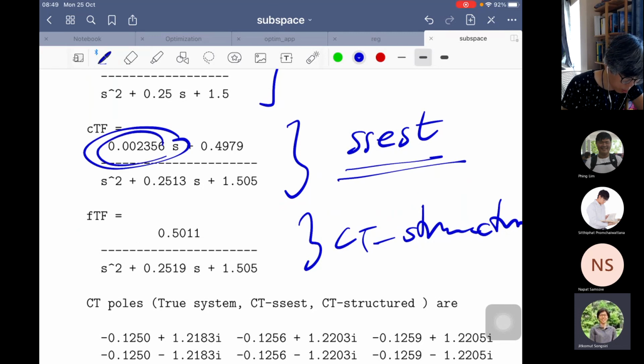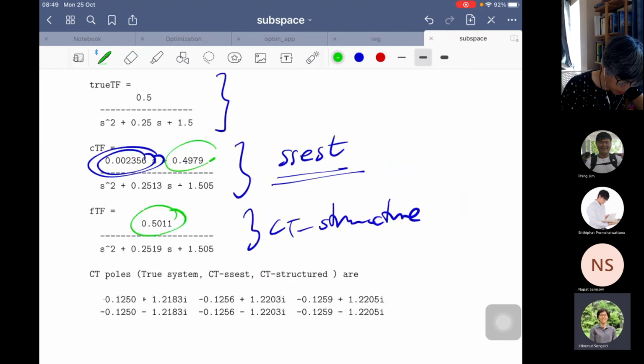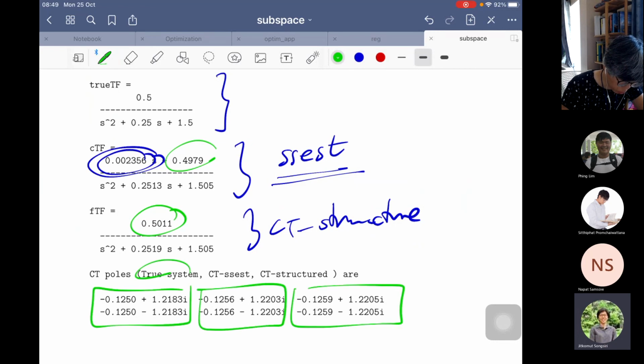It has some small value in the coefficient in the numerator. These two are very close, and if you compute the poles, I have 4 sets. The first one is the poles of the true system.